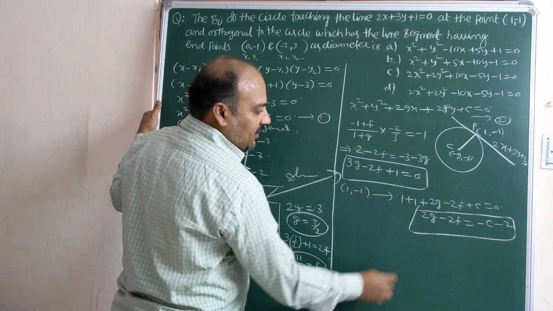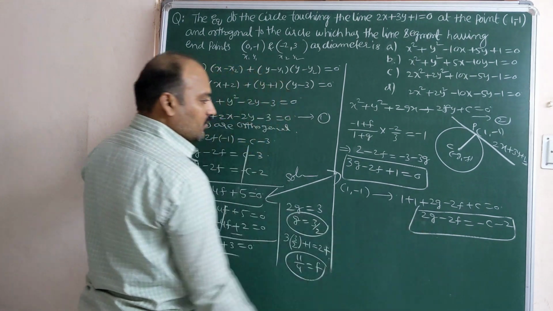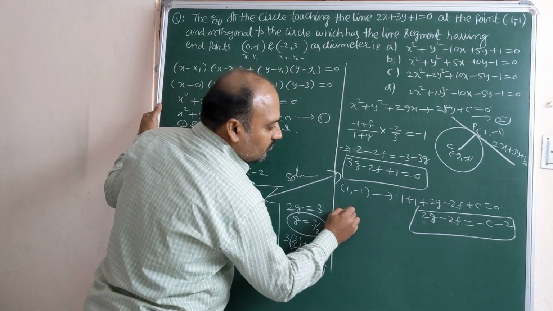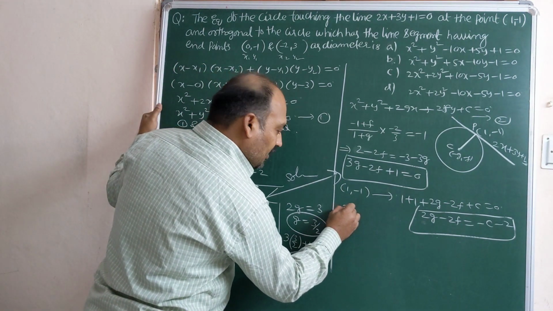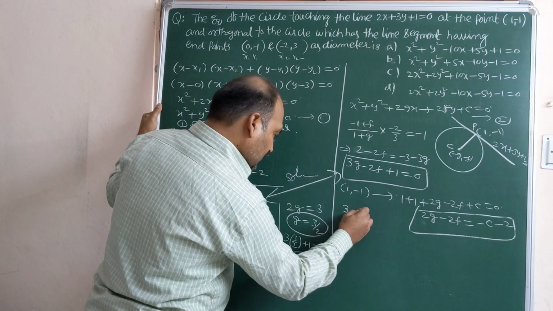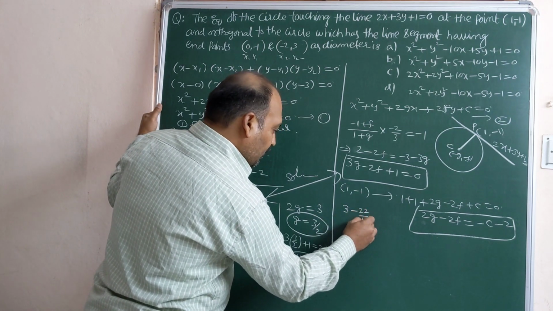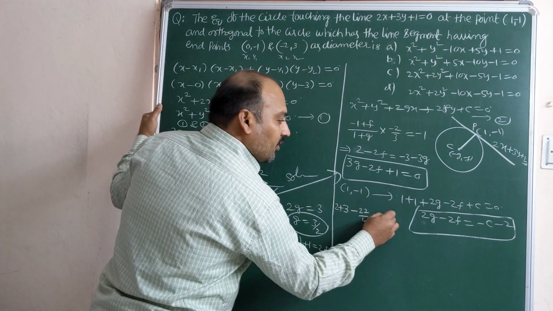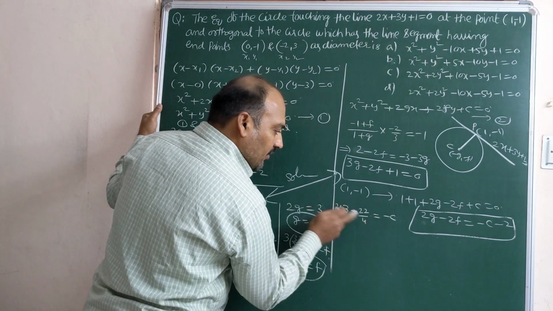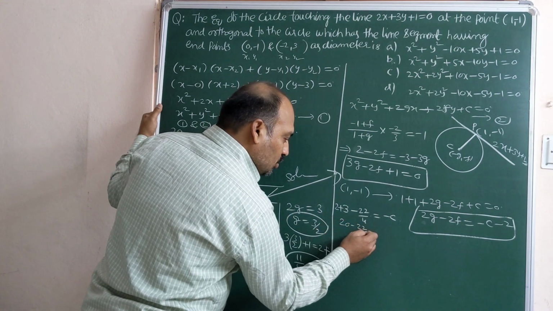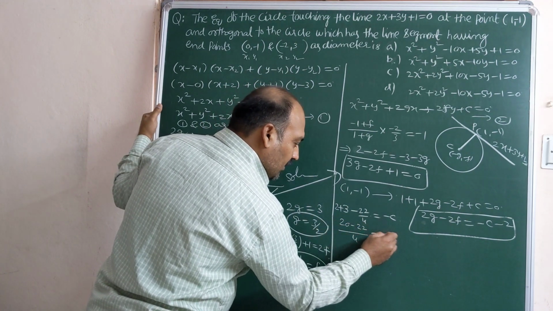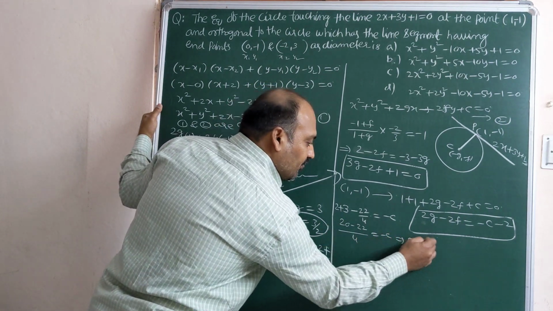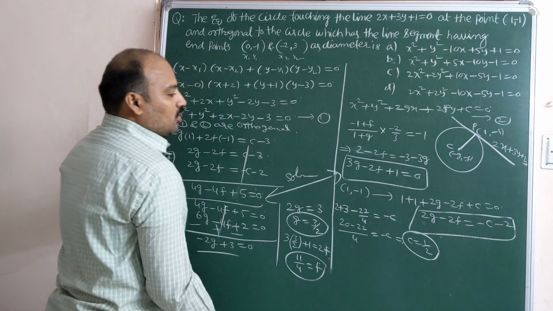C value how to calculate? If you substitute here, so 2g minus 2f means 3 minus 22 by 4 is equal to minus c minus 2, we can take this as plus 2 equal to minus c. 3 minus 22 by 4 plus 2 is equal to minus c. Minus 2 by 4 means minus 1 by 2. C is equal to 1 by 2. So c is equal to 1 by 2.